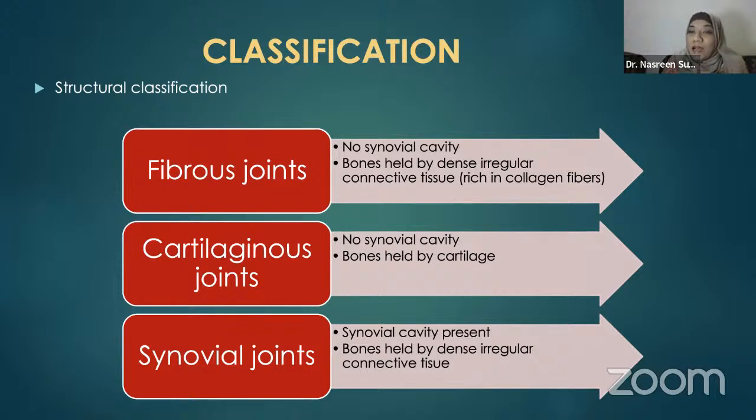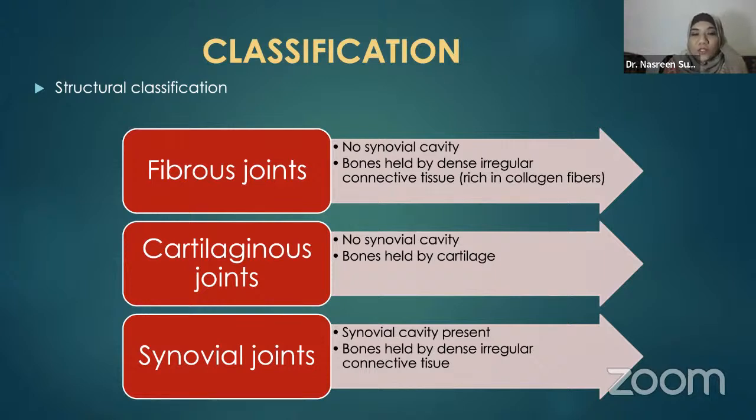Coming to the cartilaginous joints, as I told you, there will be no cavity. As there is no cavity, the bones are bound to each other with the help of some tissue. Here, the bones are held by cartilage.